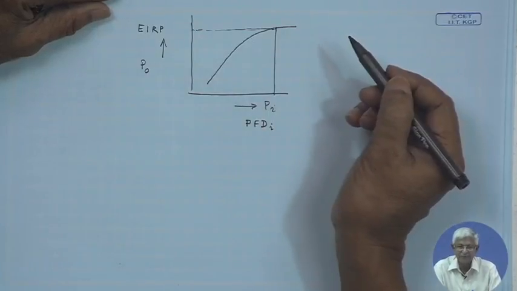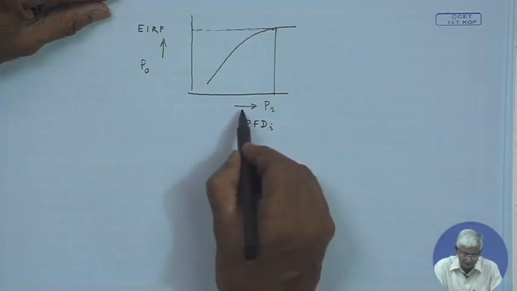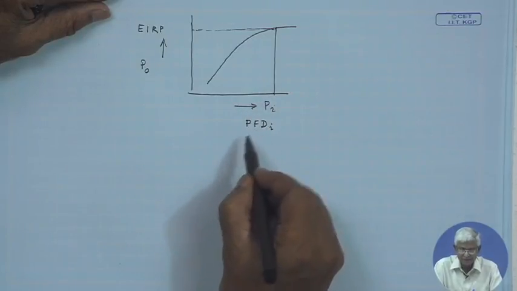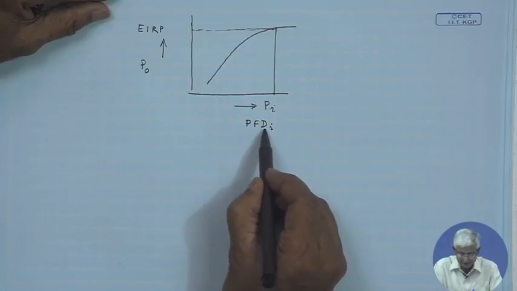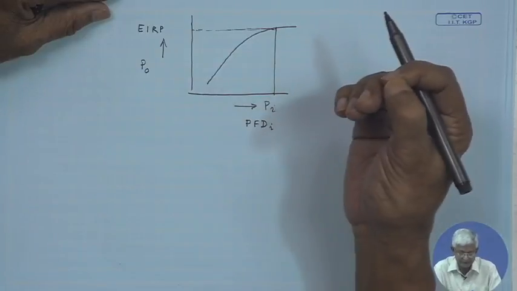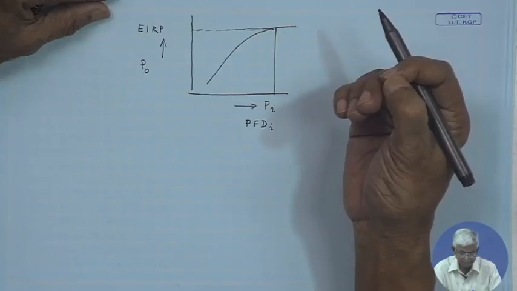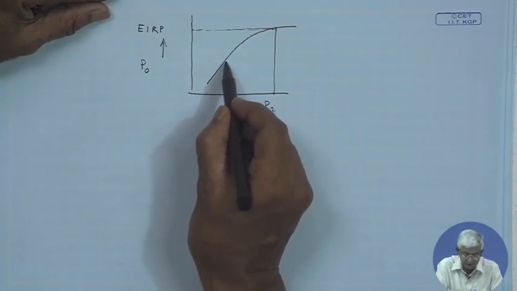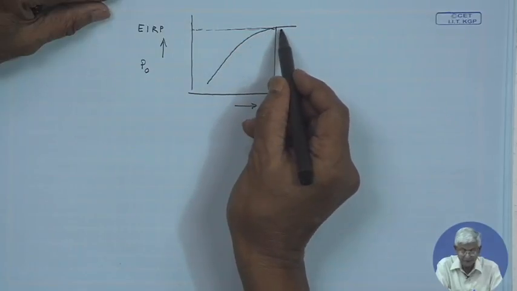A similar curve will remain. This PFD you are familiar with, we started with it earlier. So, as the input power flux density at the satellite antenna goes on increasing, the output EIRP of the satellite will go on linearly first and then it will saturate at some point.